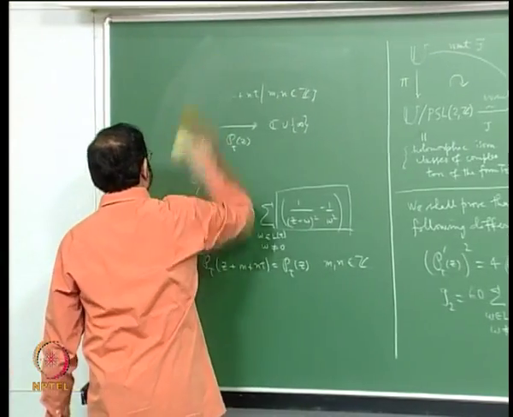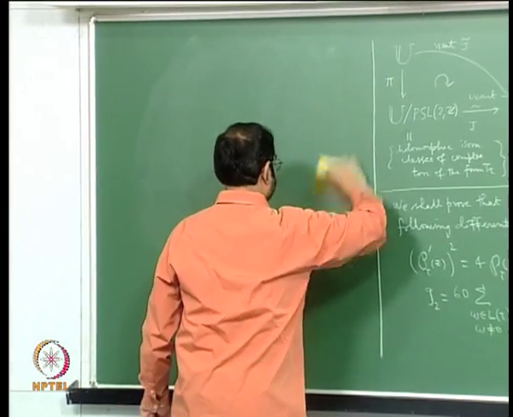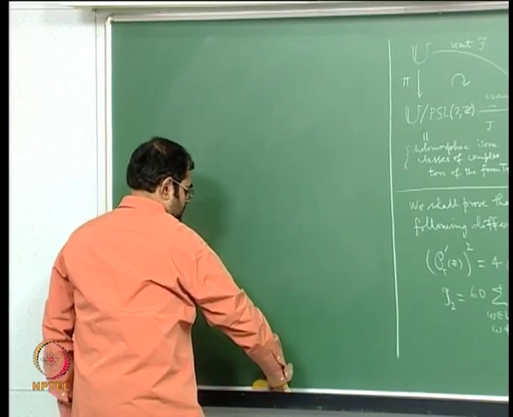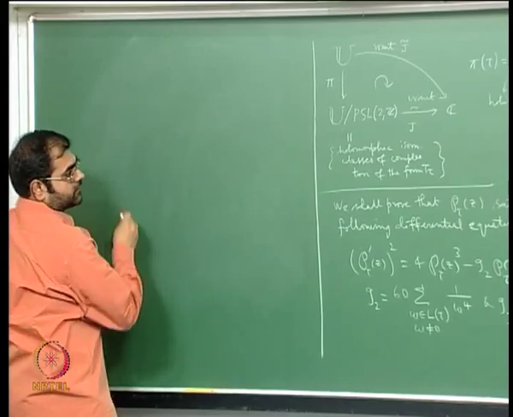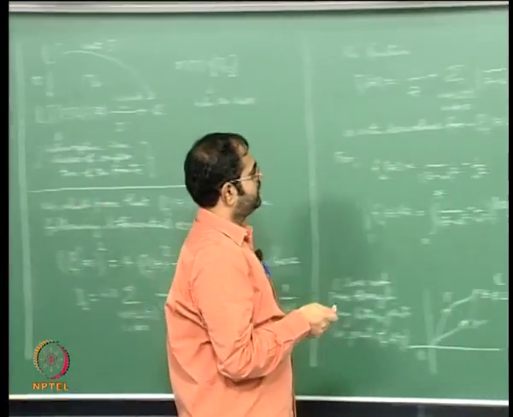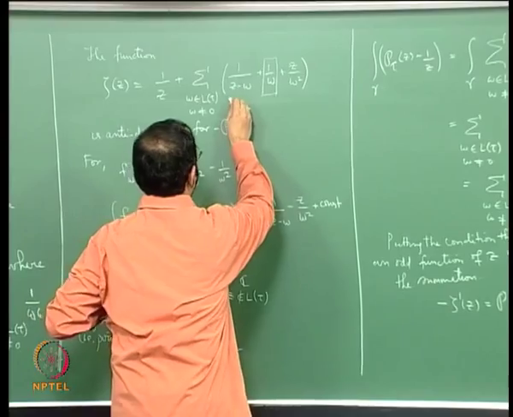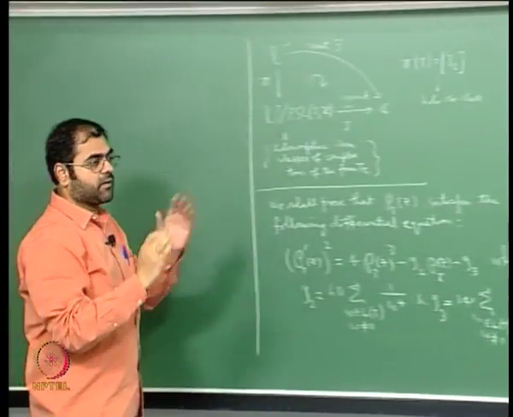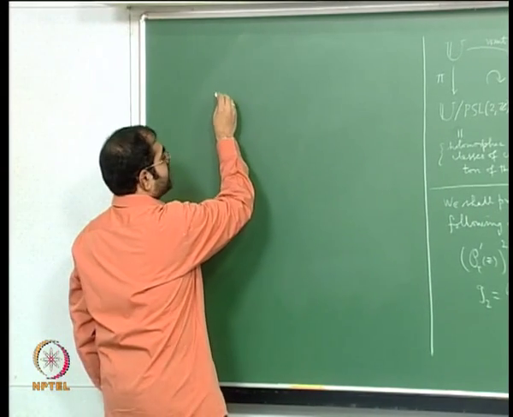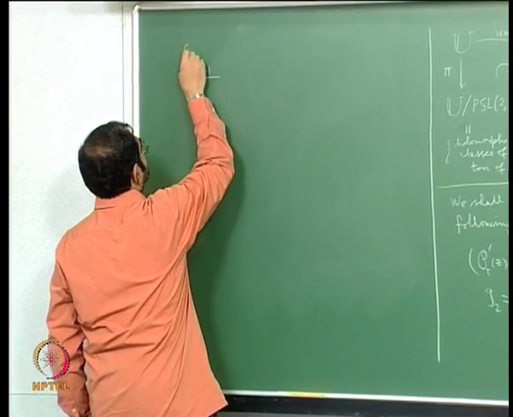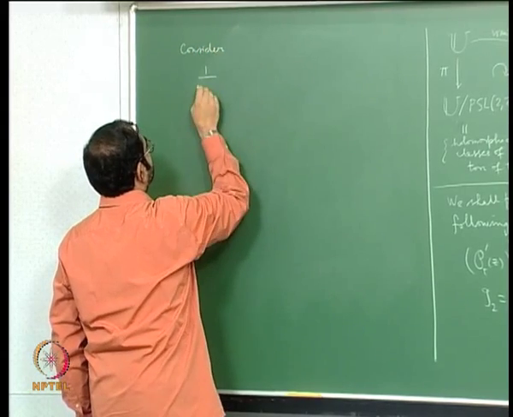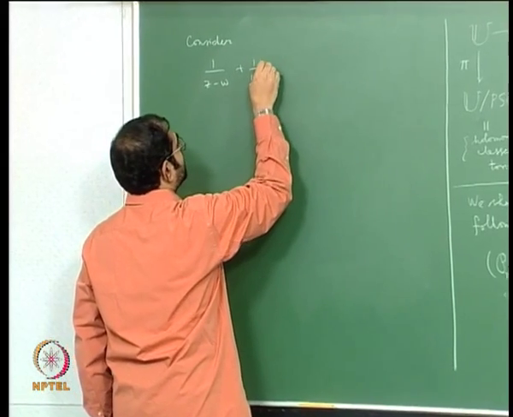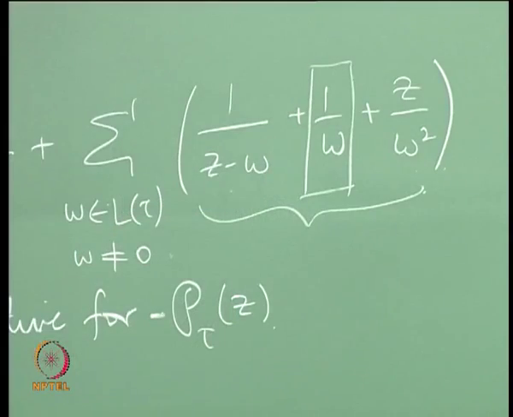So you see, let me look at only that part of the summation. All right, so consider 1 by z minus omega, plus 1 by omega plus z by omega squared.